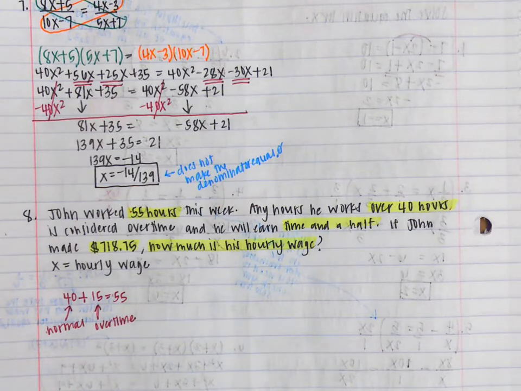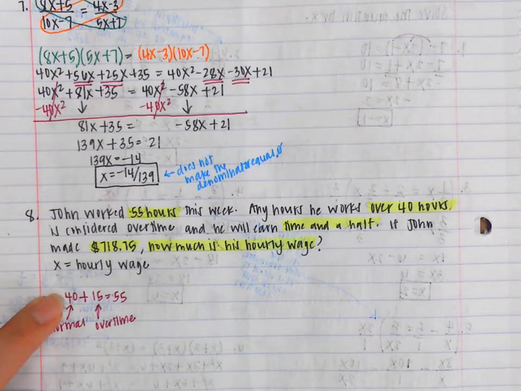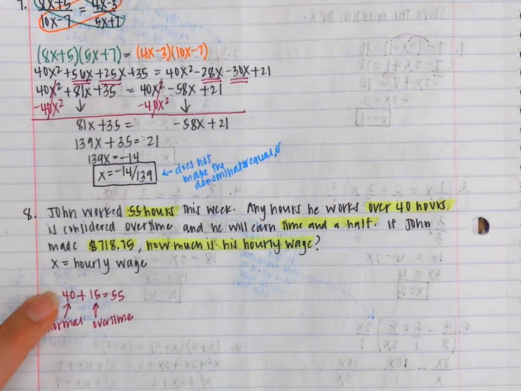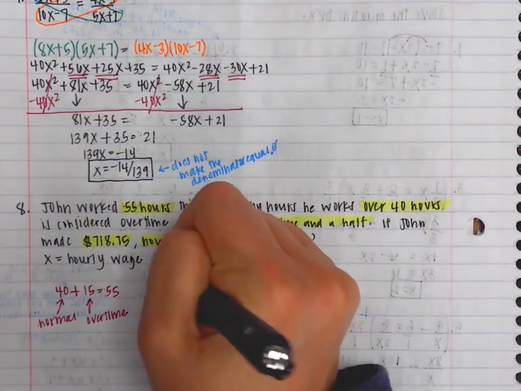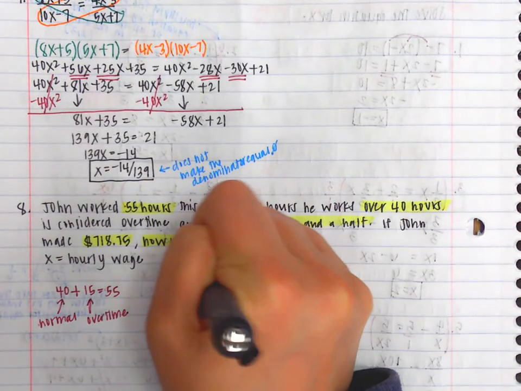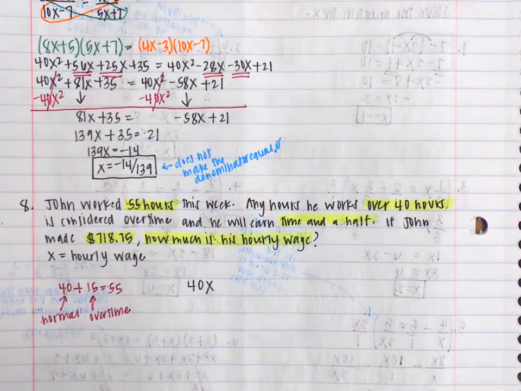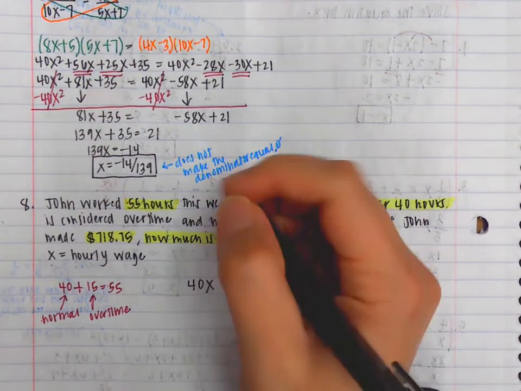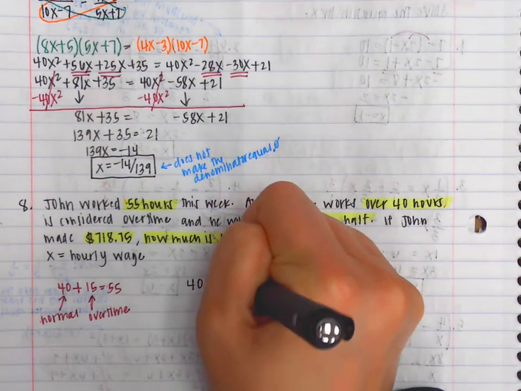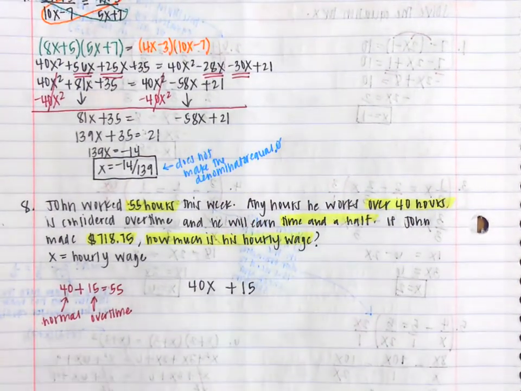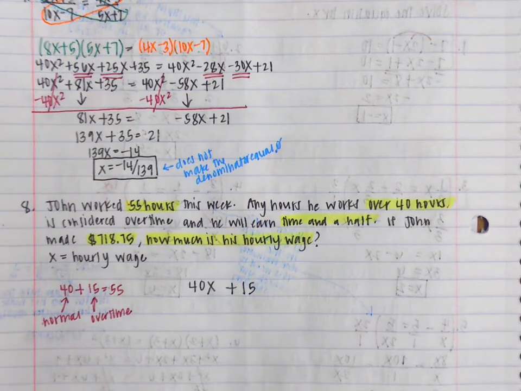So all we do to set this up is he gets 40 times his normal hourly wage. That's normal, so that's going to be the first part of the equation: 40 times the normal hourly wage. But then he gets paid for 15 hours at his normal hourly wage time and a half.